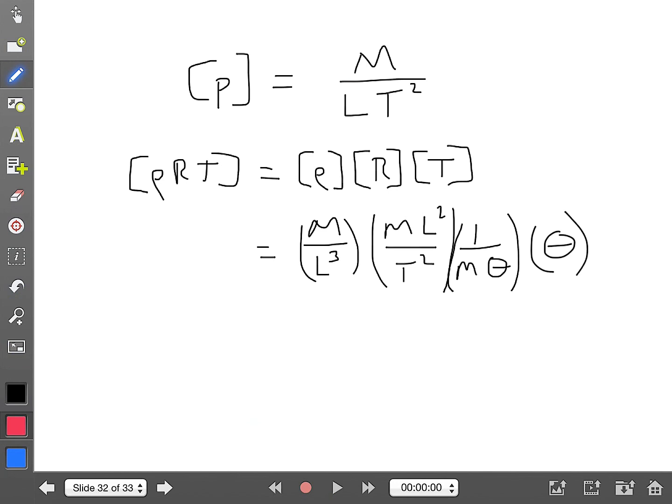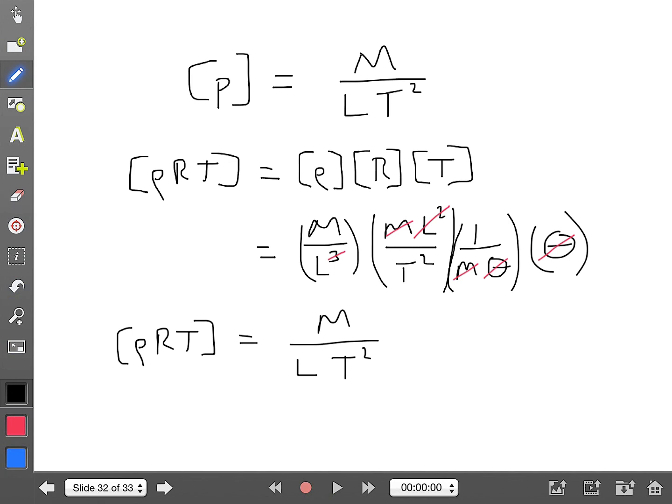So let's go through and cancel. We've got the temperatures cancel, one in the numerator, one in the denominator. We've got this mass canceling that mass, and we've got 2 of these lengths canceling 2 of these and leaving 1. So what we are left with for the dimensions of rho, R, and T are mass over L, just counting up what's left, T squared.